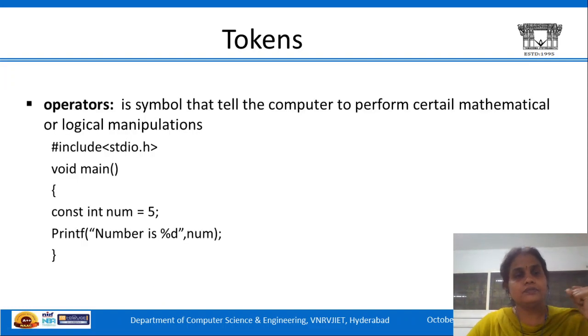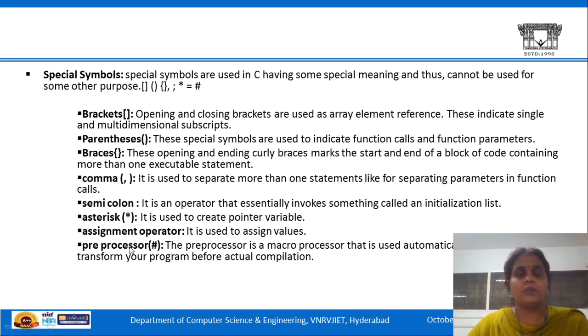From our program we'll identify some operators, and the simple operator here is the assignment operator. Only one operator is there, that is the assignment operator. As for special symbols, only the underscore is used as an identifier, but we didn't use any other symbols.